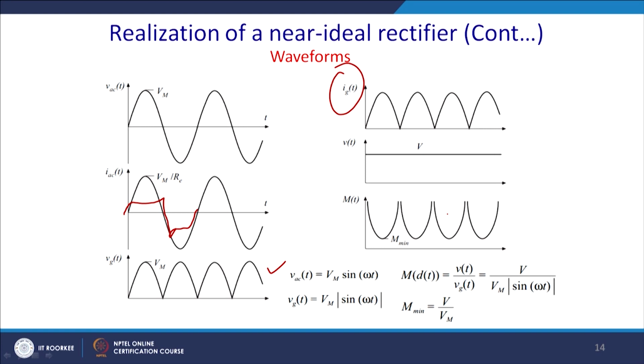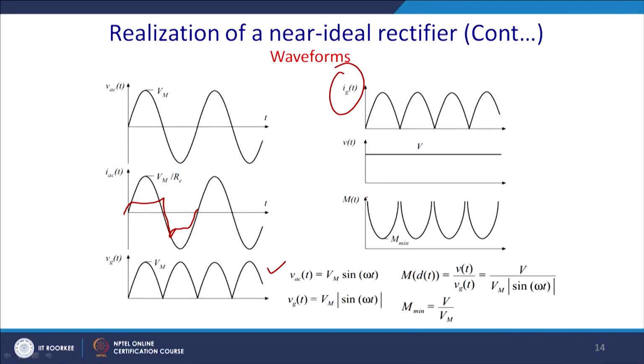It is something like your turns ratio itself is modulating, because you have a variable turns transformer maybe. So, accordingly, since voltage is varying like this and your turns ratio is required to be varying like this, then only you can get this kind of constant DC voltage.